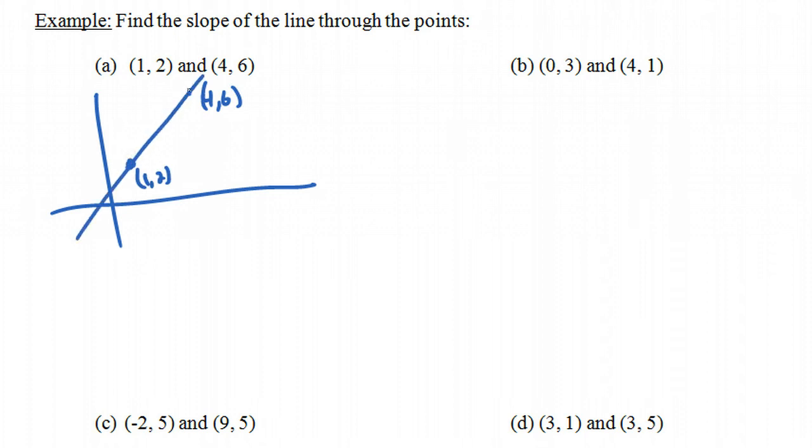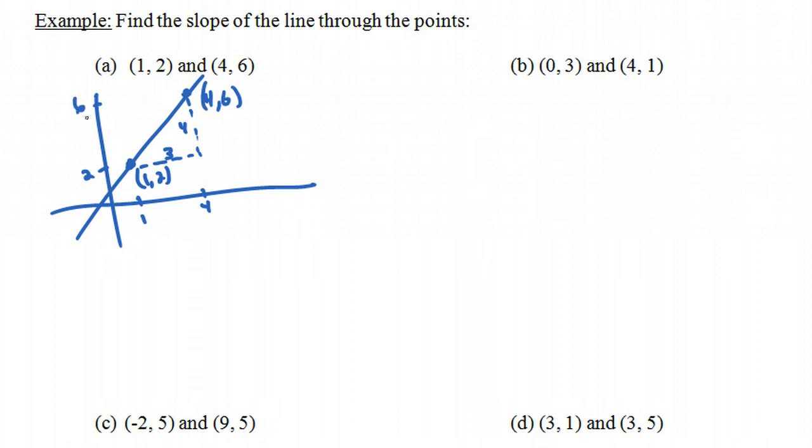The question is, what is the rise and what is the run? Just according to this picture, you can see the rise is going from a height of 2 up to a height of 6, so the rise is going to be 4. And the run, if we're going from 1 all the way over to 4, is going to be 3. So we can see that the rise over run is going to be 4/3.